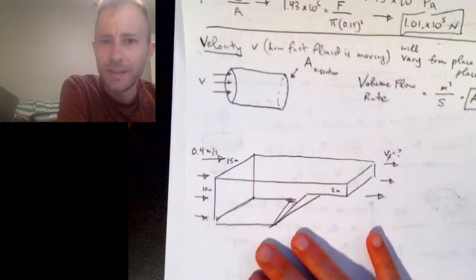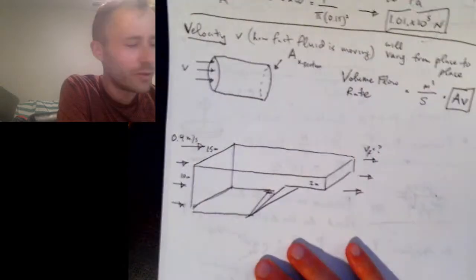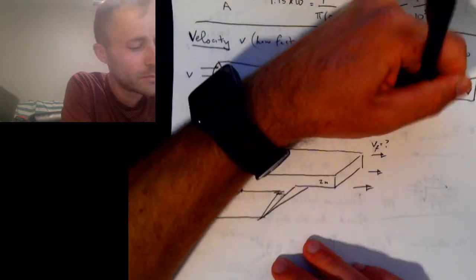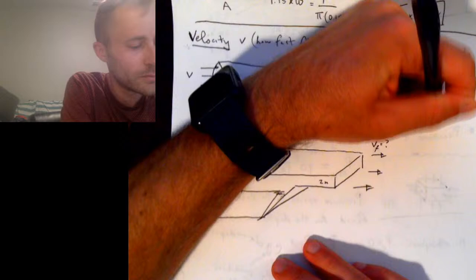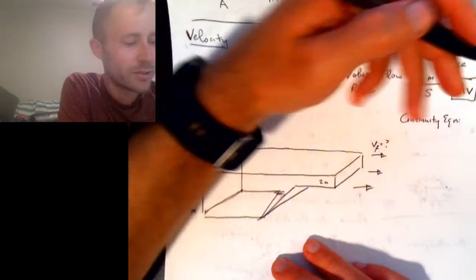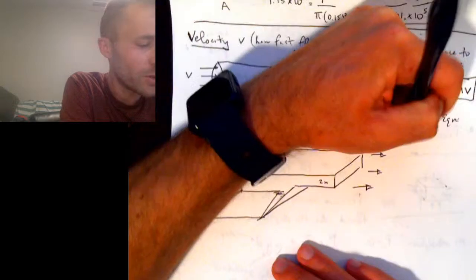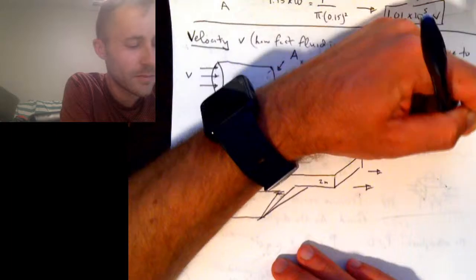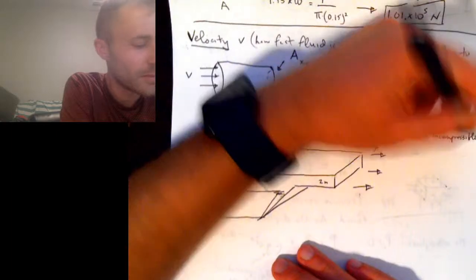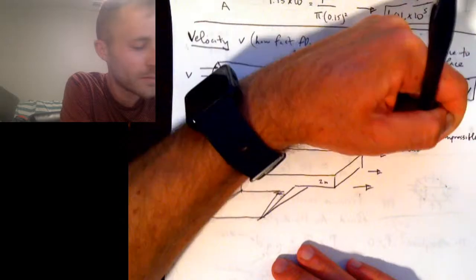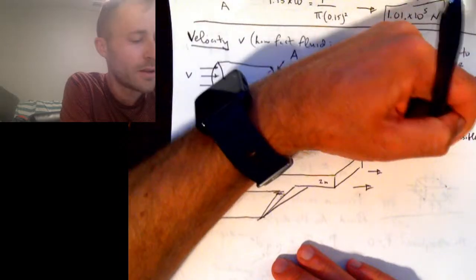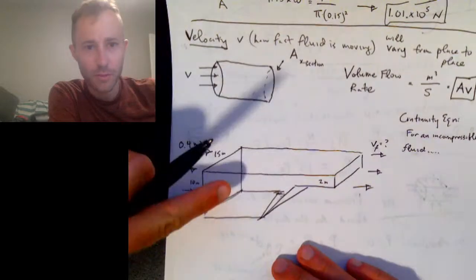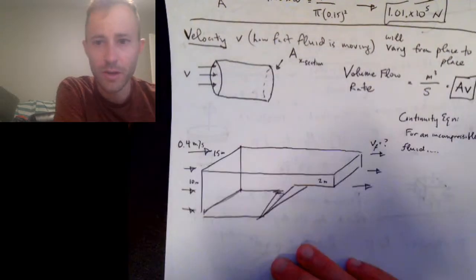So there is something called the continuity equation. What it says is that for an incompressible fluid, the volume flow rate going into the river has to be equal to the volume flow rate that's going out.